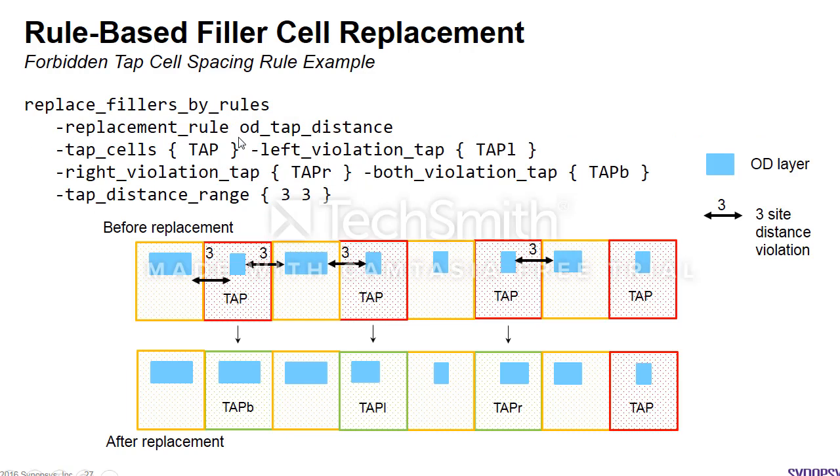This replacement rule is OD tap distance, and when you have a tap cell and you define a tap distance range of 3 to 3, that means a distance of 3 sides is a violation.